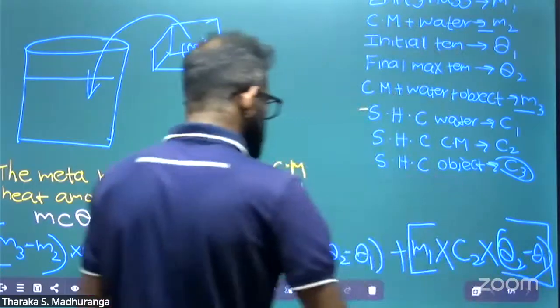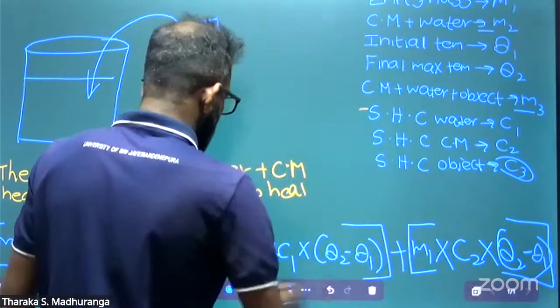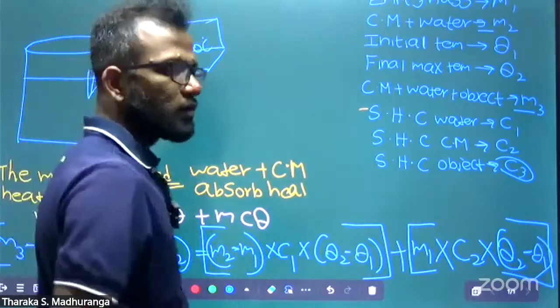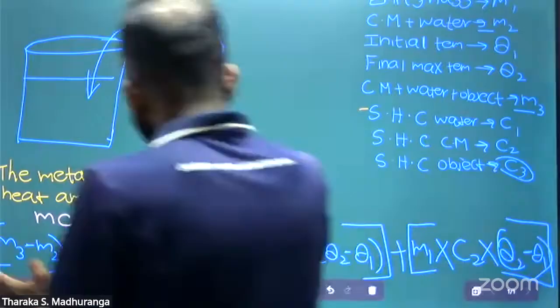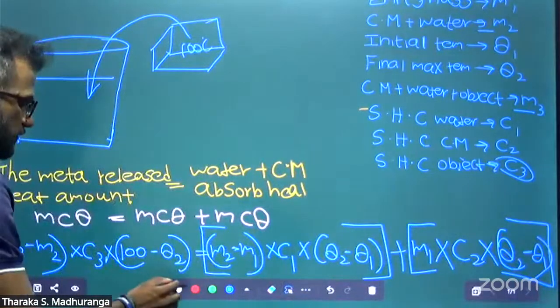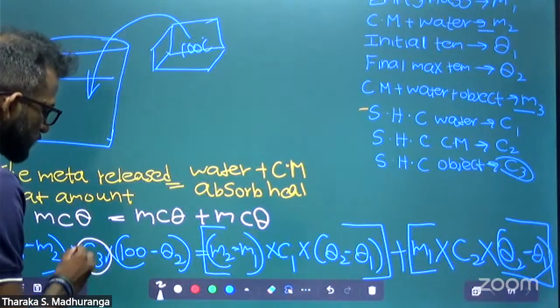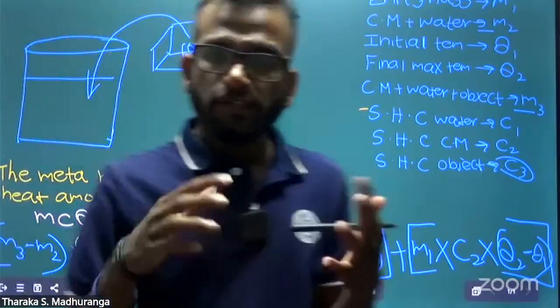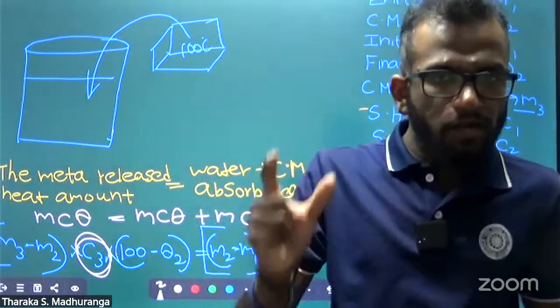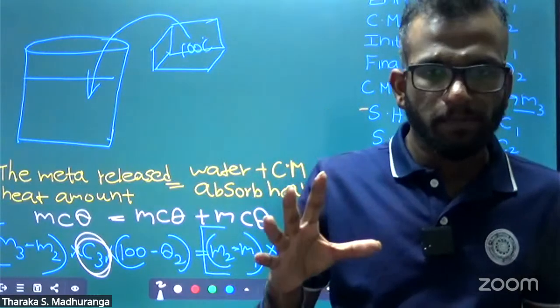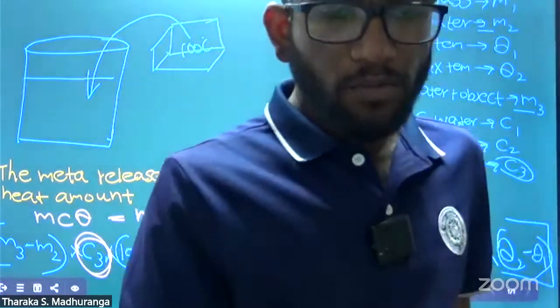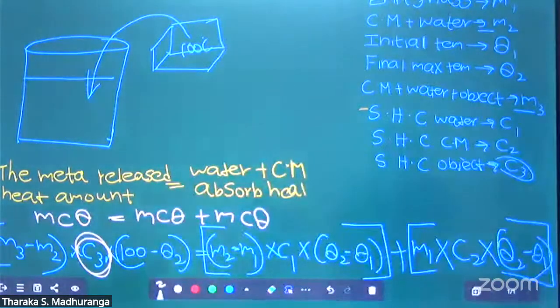Okay, this is the basic equation you need to understand. From this equation, if I isolate C3, that is the specific heat capacity of the unknown metal piece. Are you good? Any doubt?